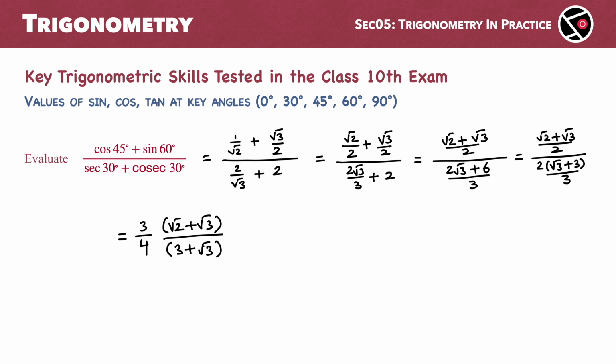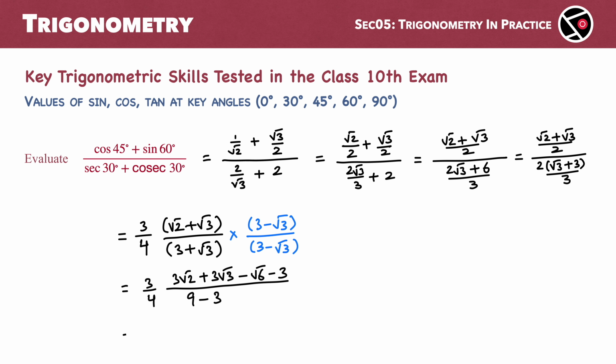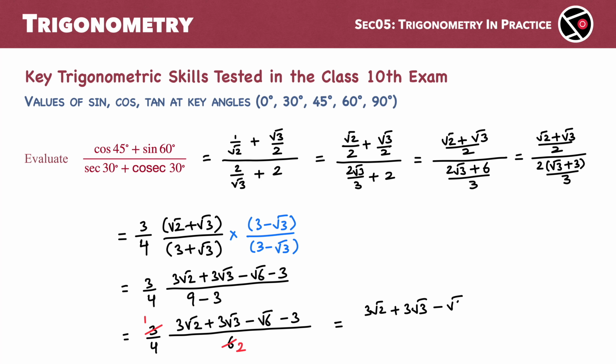Always rationalize the denominator. So we multiply and divide the expression by 3 minus square root of 3. Carry out the algebra carefully. And we get the final simplified form. And we are done.